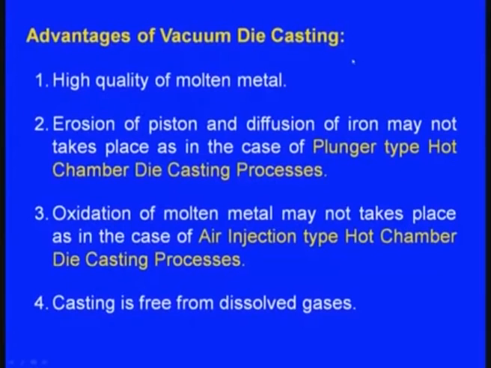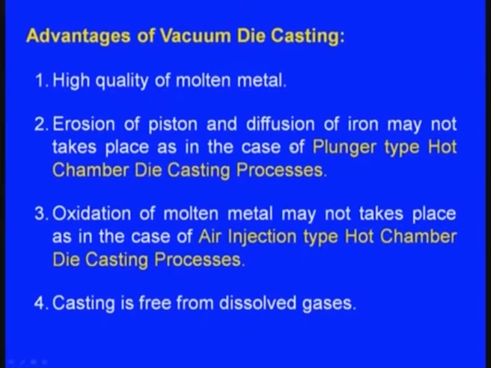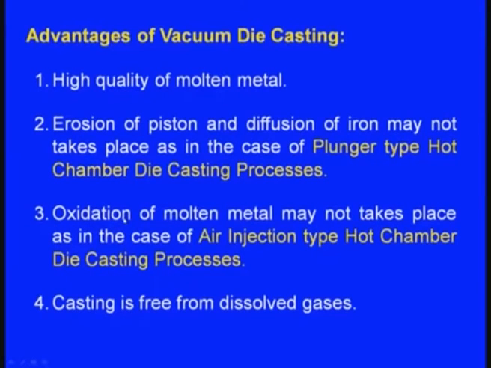What is the result? Because these are hard elements, the machinability of the cast component will be very poor. So, that is the diffusion or erosion. Diffusion or erosion won't take place in vacuum die casting, as it does in the plunger type hot chamber die casting process. Next one, in the hot chamber pressure die casting process, there is another type, that is the air injection type.